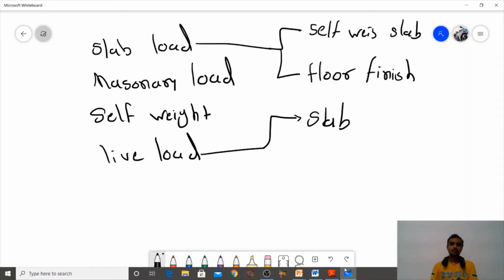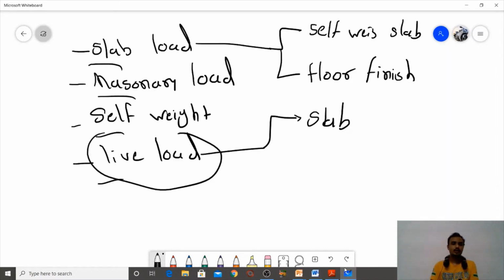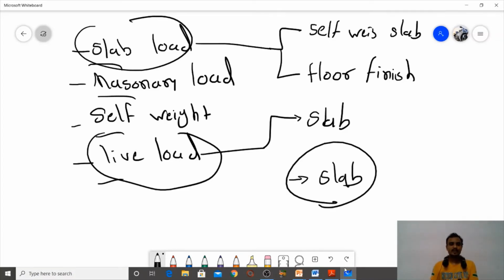So we have to calculate these four types of load on the beam. Masonry load and self weight of beam we can calculate easily, but slab load and live load are both transferred from the slab. So we will understand how the loads are transferred.